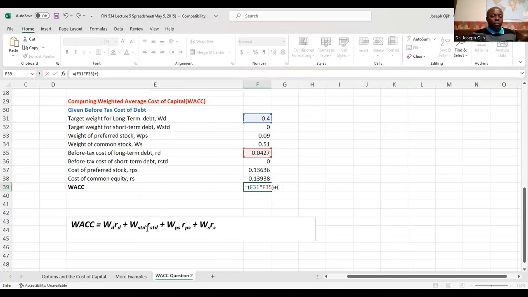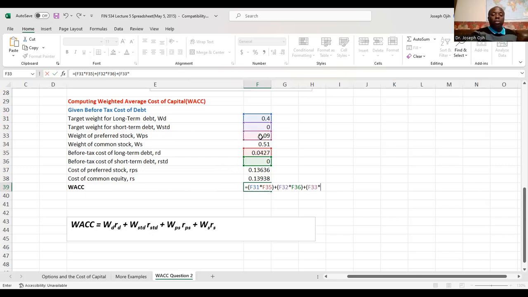target weight of short-term debt times the cost of short-term debt, which is also 0 because we don't have short-term debt. Plus weight of preferred stock, which is this one here. Click on it.